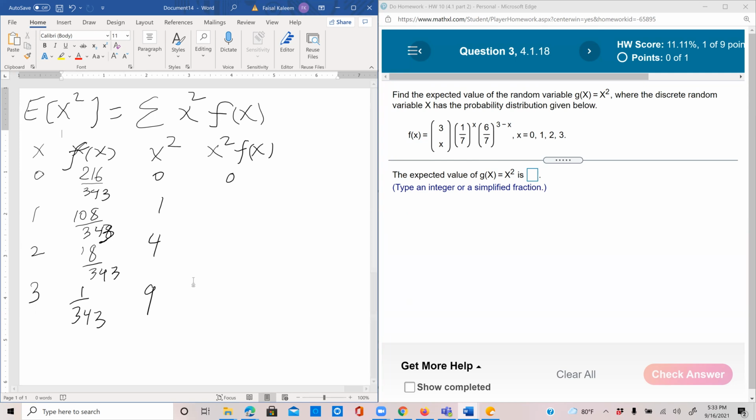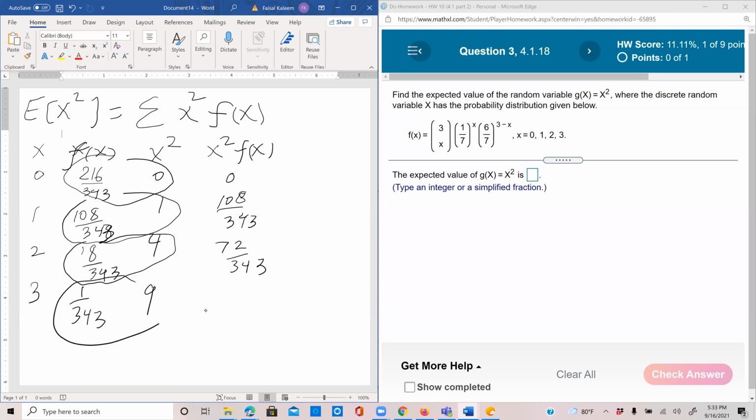And 1 times 108 over 343 is 108 over 343. And then 4 times 18 over 343, so this is how they're being multiplied. 4 times 18 over 343 is 72 over 343. And then the last one is 9 over 343.